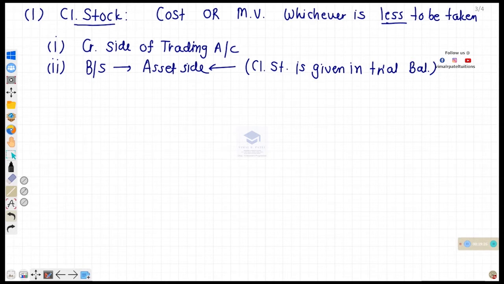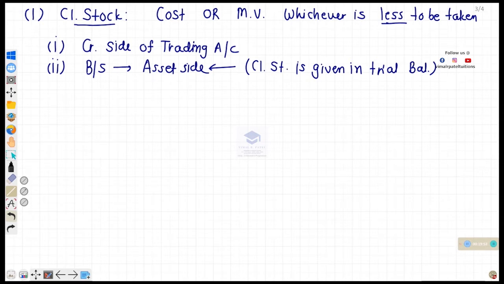In adjustment, if it is given that closing stock is of 1 lakh rupees, its market value is 20% higher, then which value will we take? 1 lakh. Market value, how much would it be? In adjustment, if it is said that closing stock is valued at 1 lakh, its market value is 20% higher, 1,20,000.